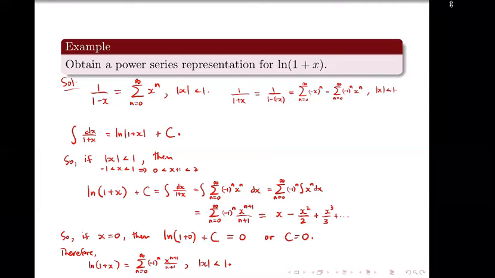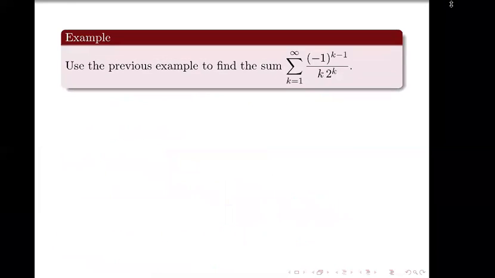Questions? Okay. Next here, use the previous example to find the sum, negative 1 to the k minus 1 over k 2 to the k, k starts from 1 up to plus infinity.